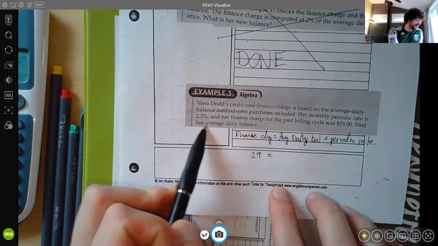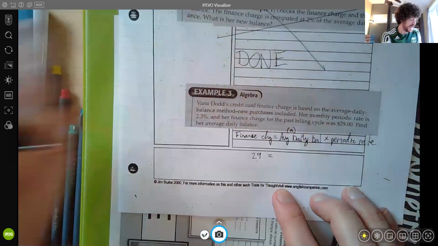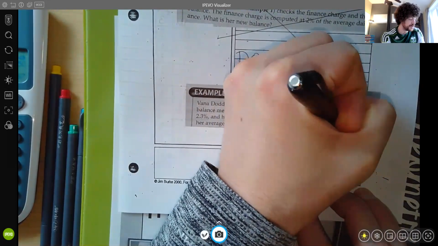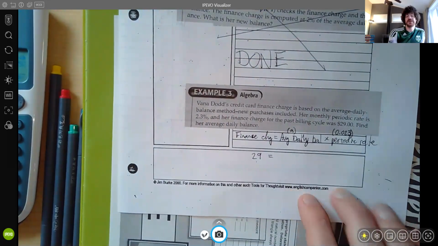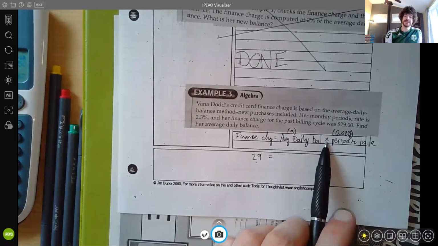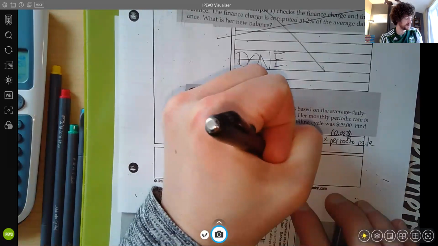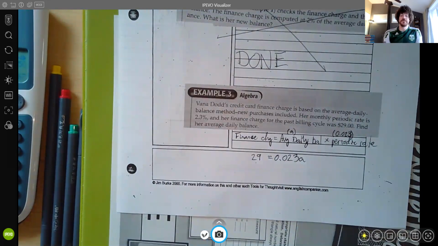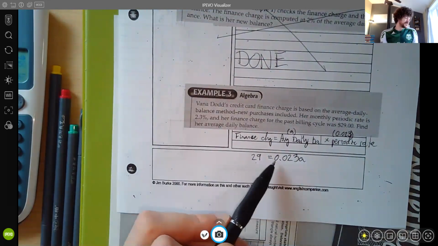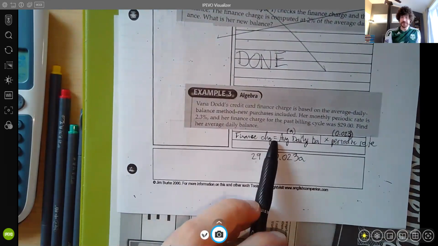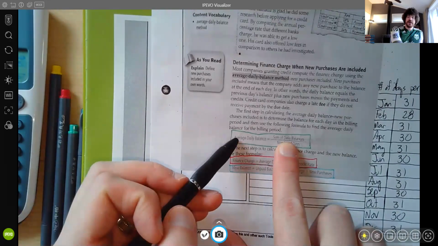That's what we're trying to calculate here. So we'll just call that A. And the periodic rate is 2.3% or 0.023. And again, just like we did a couple days ago, I'm going to switch these around and put the variable after the number because it's multiplication and the order of multiplication does not matter. So 0.023A.